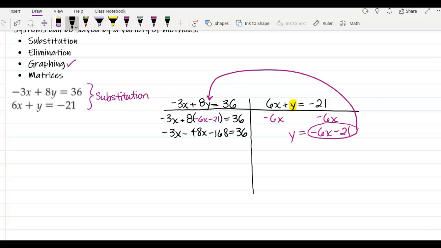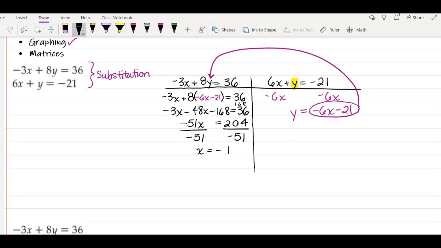And I solve. I have like terms here that can go together. I can add 168 to both sides. That gives me 204. And then I can divide by negative 51, get x equals negative 4.